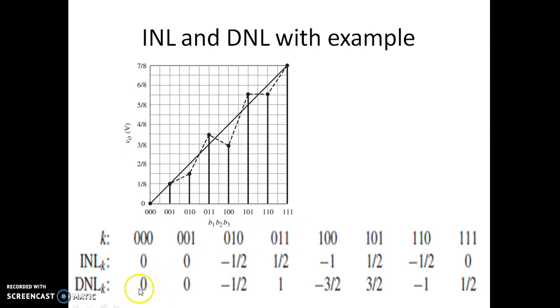So that's why we didn't have any DNL for the 000 and 001, because they were exactly 1 LSB up from the previous value. But here for 010, it is not 1 LSB up, it is actually half LSB down. So that's why we write minus half. So all these values, which are minus 1, 1, 1 by 2, 3 by 2, are all in terms of LSBs.